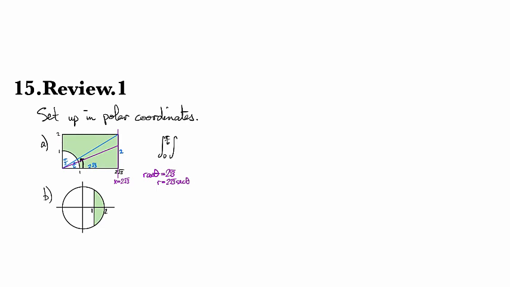So that's going to be our upper bound, 2 root 3 secant theta. And then our lower bound, we begin when we first hit this arc right here, which is the line where we have r equals 1. So we're going to go from 1 upwards, okay? And then we've got some integrand, and that's going to be r dr d theta with some integrand.